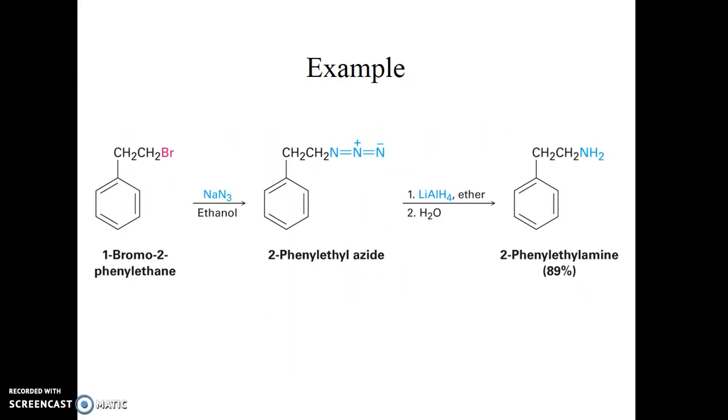Here's an example. Here we have a primary alkyl halide being treated with sodium azide to give us the alkyl azide, and then lithium aluminum hydride reducing it down to the amine. Notice here they're using ethanol, and you might question that saying, but this is SN2 and you've got a protic solvent here.